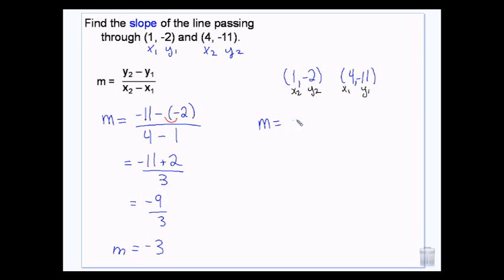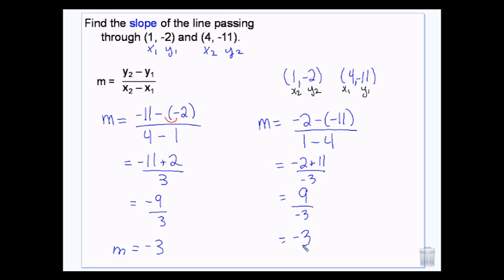Now what if I had switched the points? Same formula, but now I've got them backwards, because I put the other point first. So I'm going to get negative 2 plus 11 over negative 3, which is going to give me 9 divided by negative 3. So it's the same.